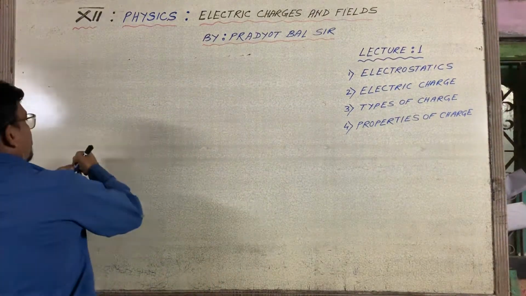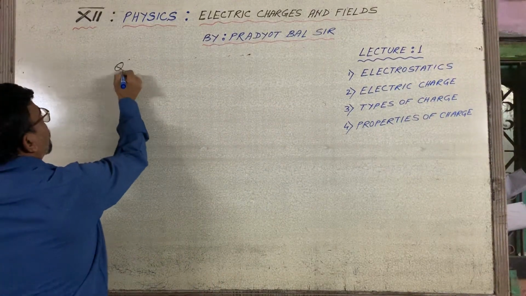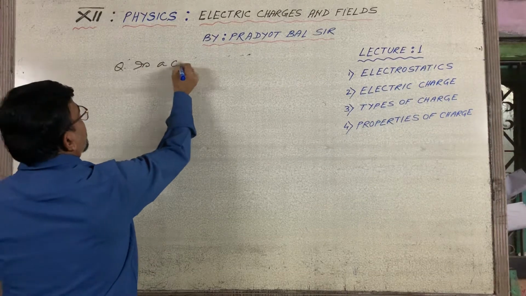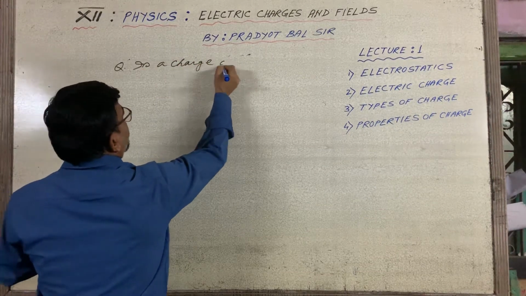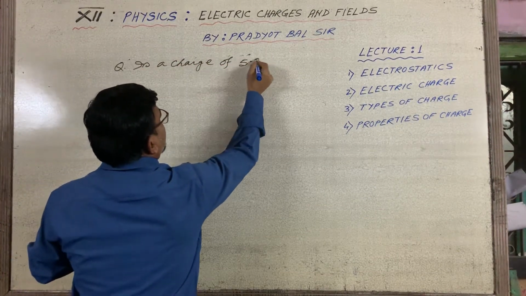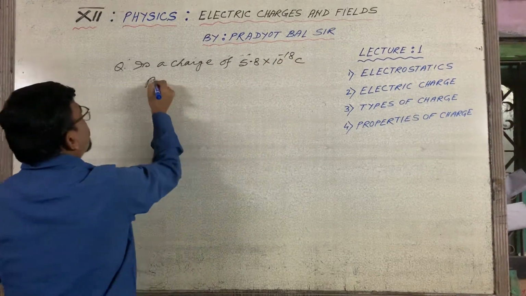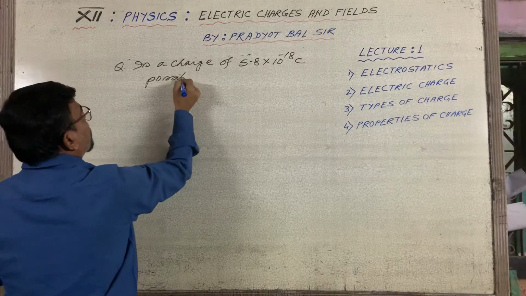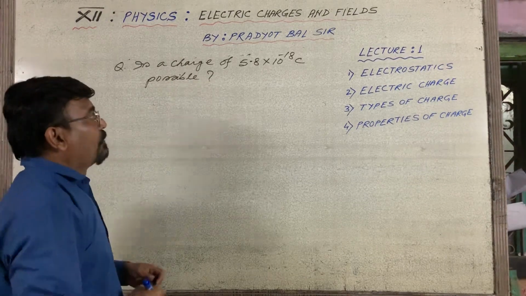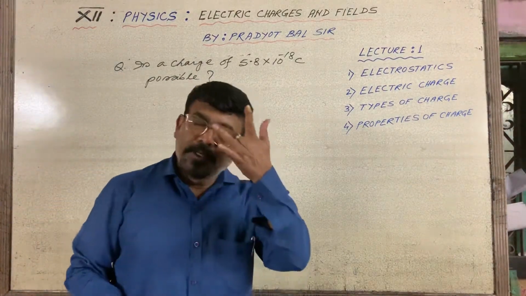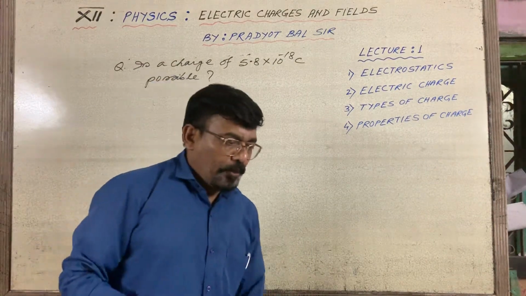Is a charge of 5.8 into 10 to the power minus 18 coulomb possible?